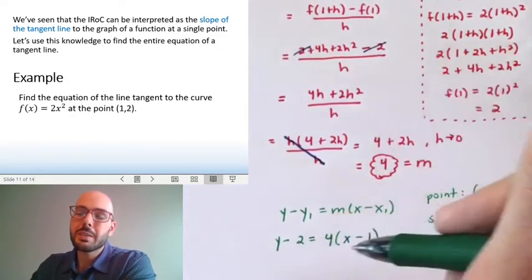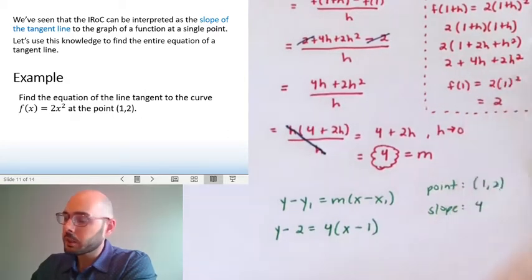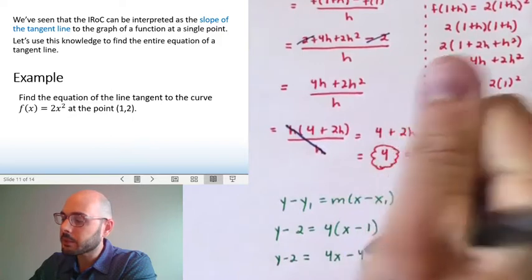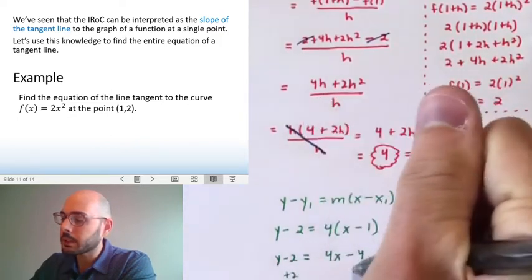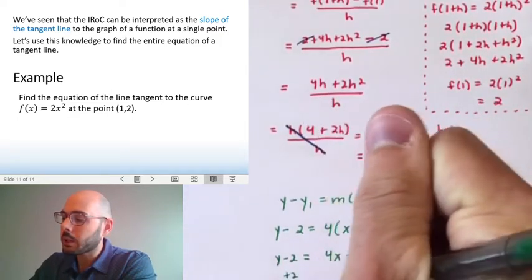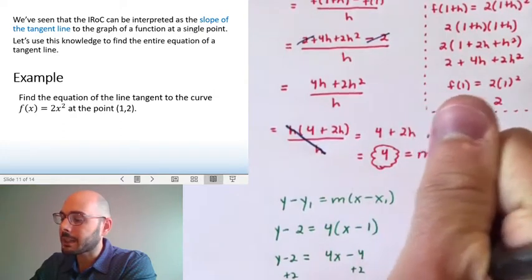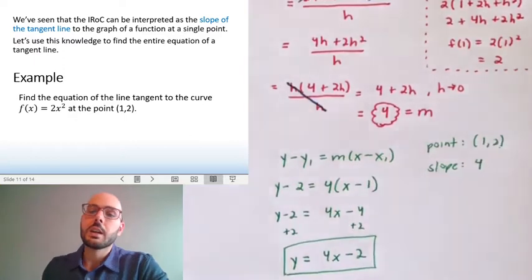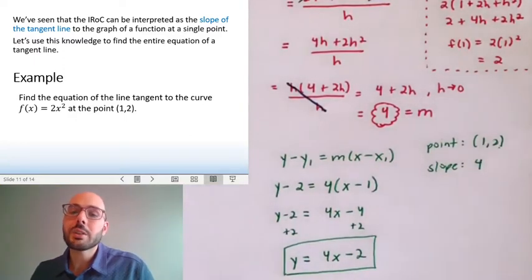So you will want to simplify this and get y by itself. So let's go ahead and do that. You distribute the 4, it's 4x minus 4, and then add 2 to both sides. So we get y equals 4x minus 2. So that's going to be the entire equation of the tangent line.